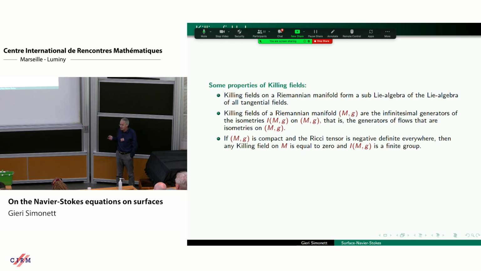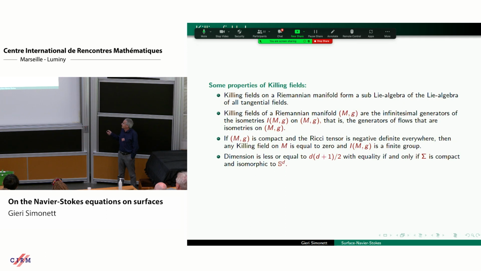Then you can characterize situations where the Killing fields are trivial. Killing fields form a subalgebra, in particular a vector space, so 0 is always a Killing field. The question is, are there more than the 0 vector field? This is interesting. You have an estimate on the dimension, which can be no larger than what's written here.